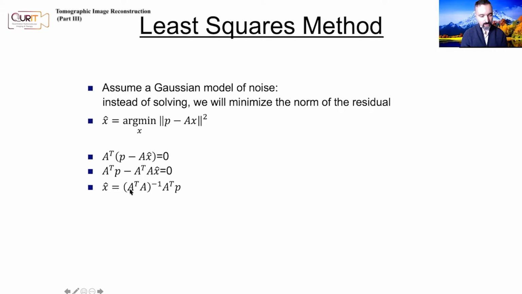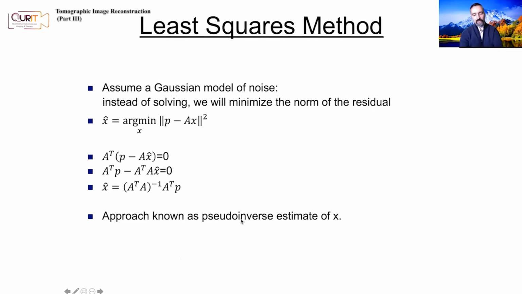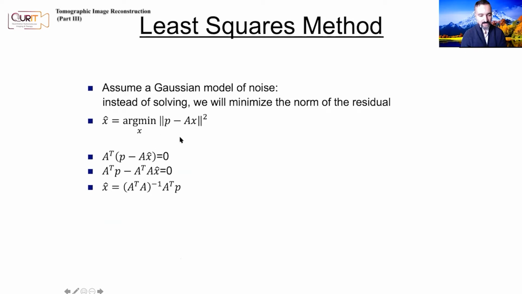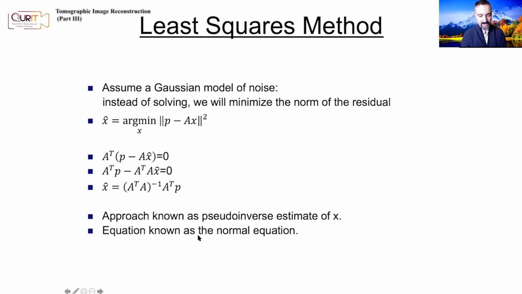A transpose times A. And then you're taking the inverse of it and you take this. This is known as the pseudo-inverse estimate of X. So remember, this is not meaningful necessarily because A may not even be a square matrix. But this is meaningful. And this is also known as the normal equation.